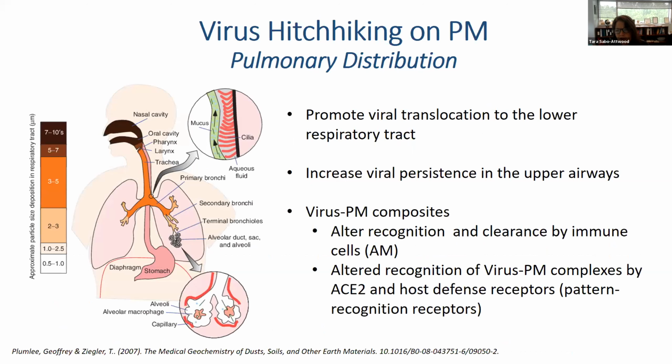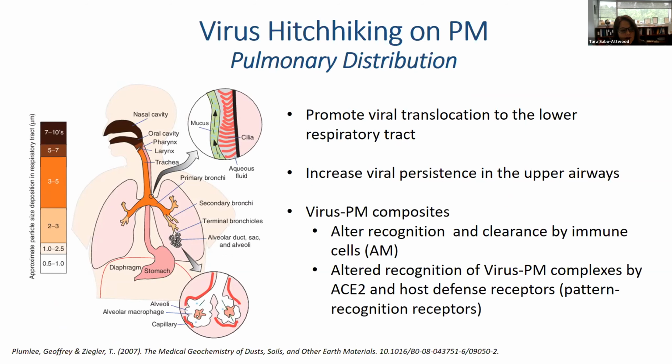But the second piece of this virus hitchhiking story, which hasn't been really alluded to yet, is pulmonary distribution. And we know that a lot of particulates can be dispersed or be distributed down into the deep lung. And that's been known for quite some time.